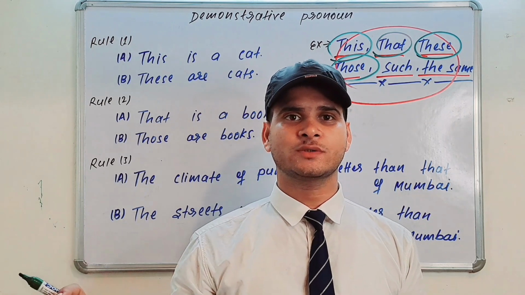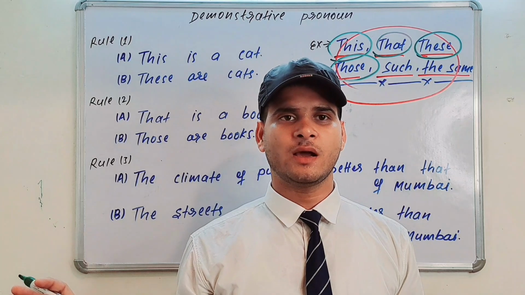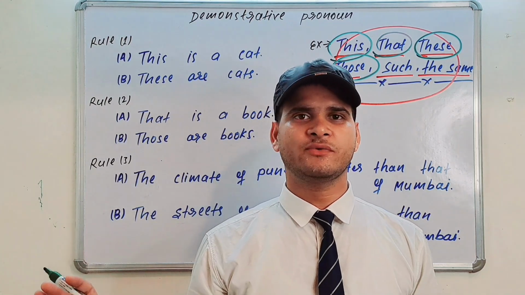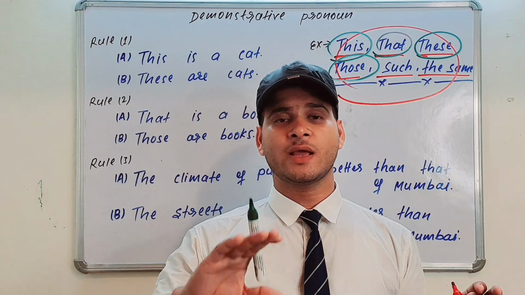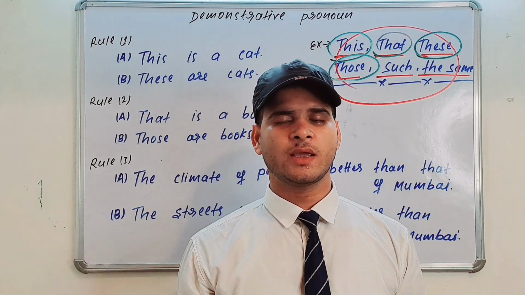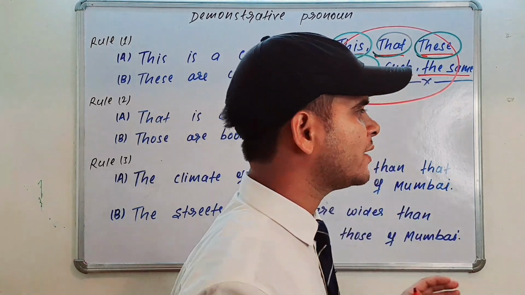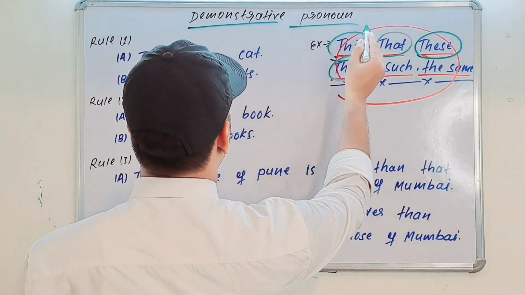These and those is known as plural demonstrative pronoun. And now there is no confusion, no doubt what is singular demonstrative pronoun and what is plural demonstrative pronoun. Okay, and you got it.